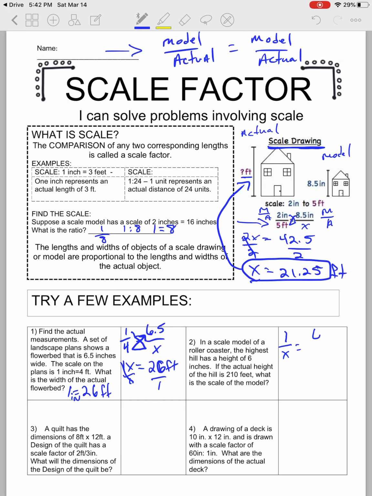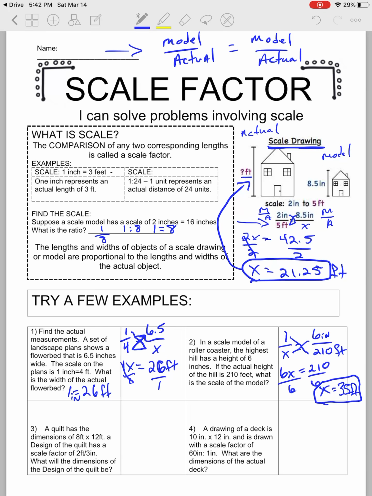But we do know that on our scale, 6 inches is equal to 210 feet of our real life roller coaster. All you simply do is cross multiply and divide. You get 6x is equal to 210. You divide by 6, and x is going to equal 35 feet. That means the scale model of your roller coaster is actually 35 feet tall.